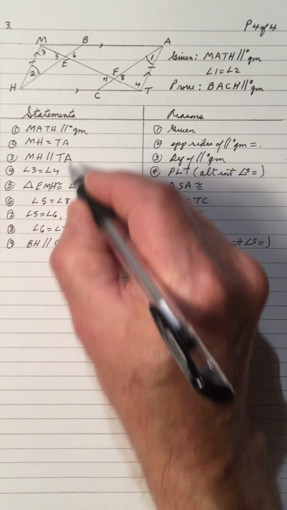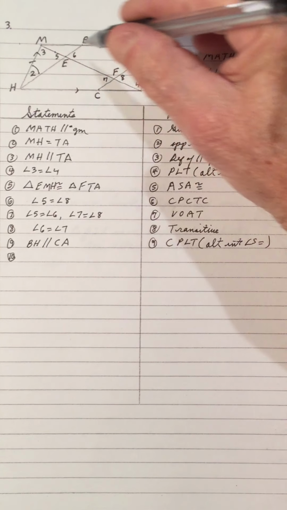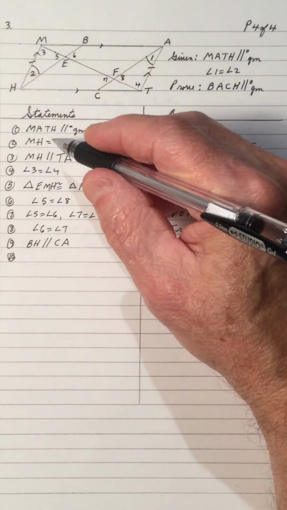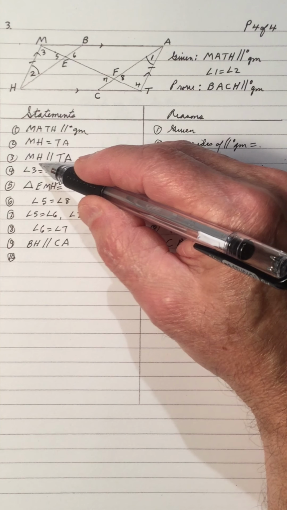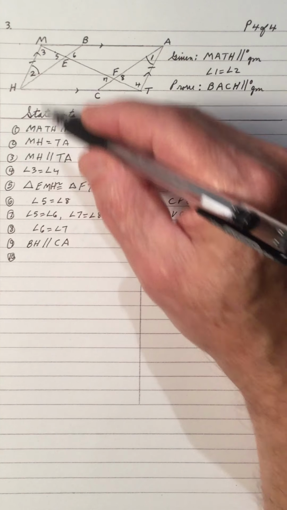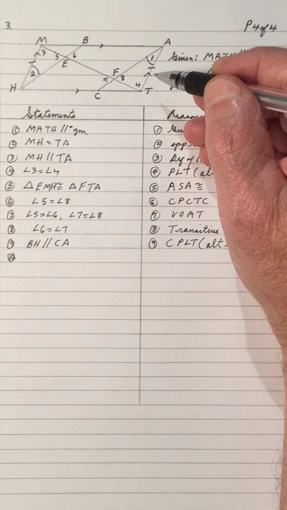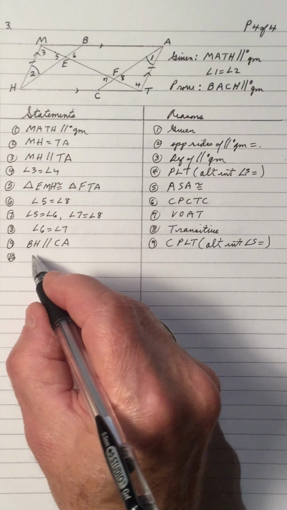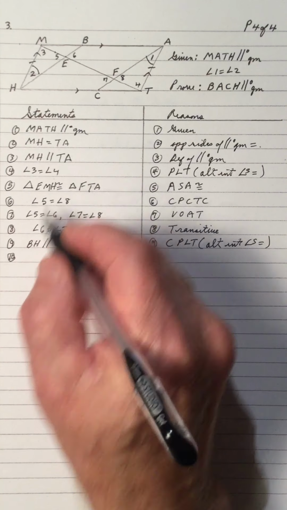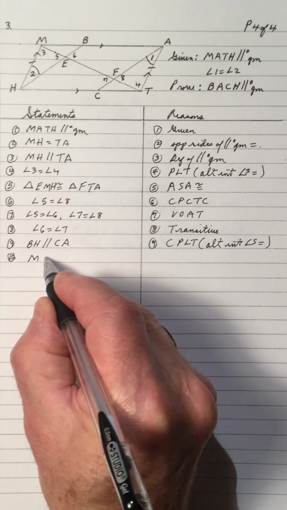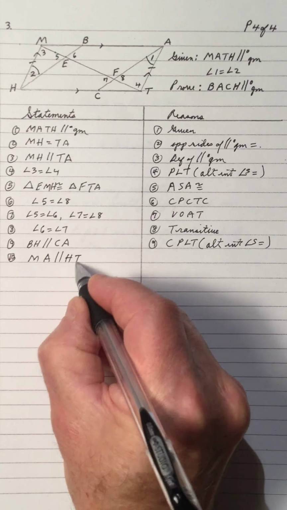And notice I have that's a TA right there. I have MA. Do I have MA? I have them equal. Remember we said that now I've got to say that MA is parallel to HT.